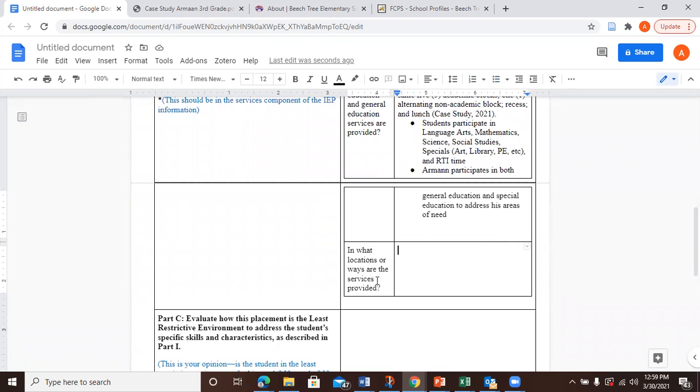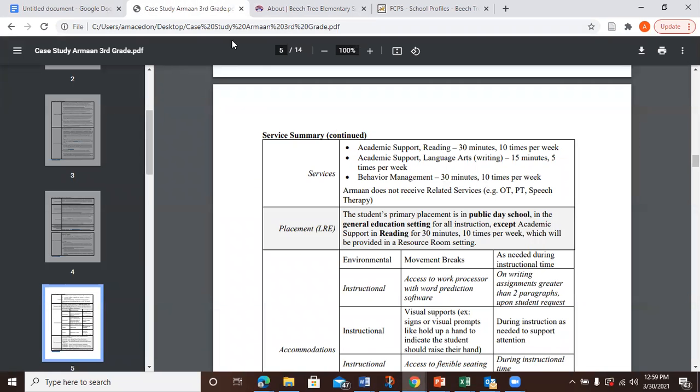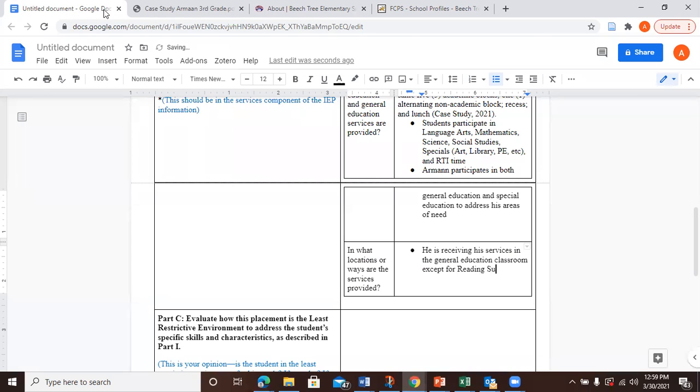In what locations or ways are the services provided? He's receiving his services in the general education classroom, except for reading support for 30 minutes, where he receives services in the resource room.